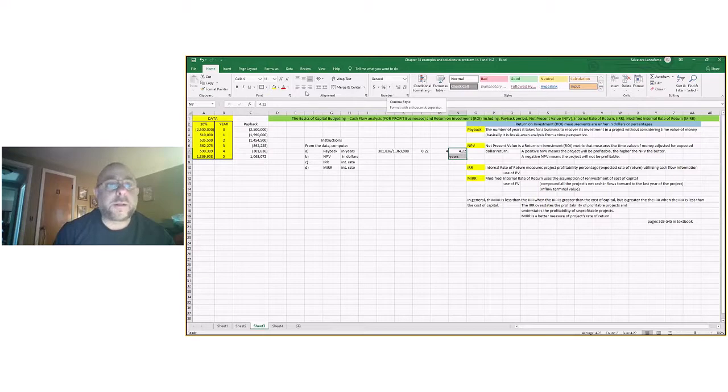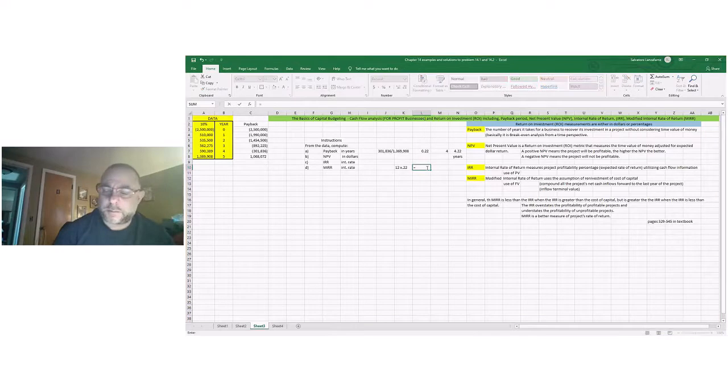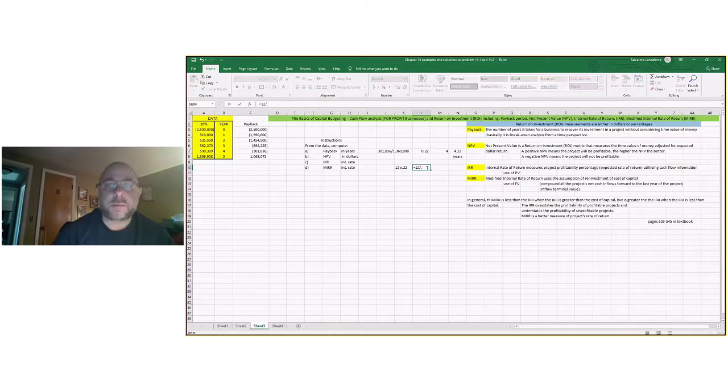You could also say this, what's 0.22 of a year? Well, there's 12 months in a year, right? So if we take 12 months and we multiply that by 0.22, that gives you a little bit over 2 months, 2.5 months.